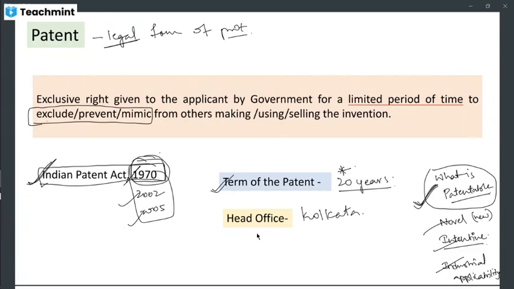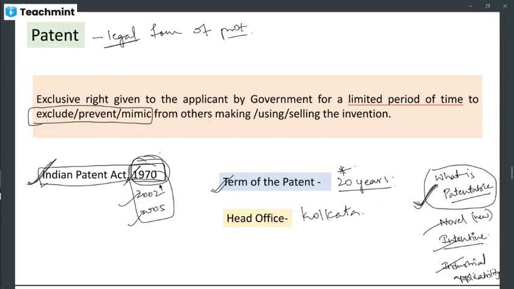There is no patent for laws of nature, or for scientific principles which are already available in nature, etc. So these are the things which cannot be patented. But if you want to patent, it should have novelty, that is, it should be new, it should be inventive, and it should have some industrial application. Only such things can be patented according to the Indian Patent Act 1970.